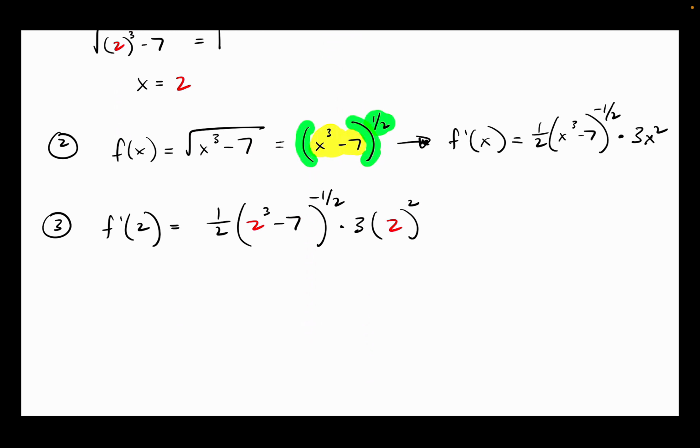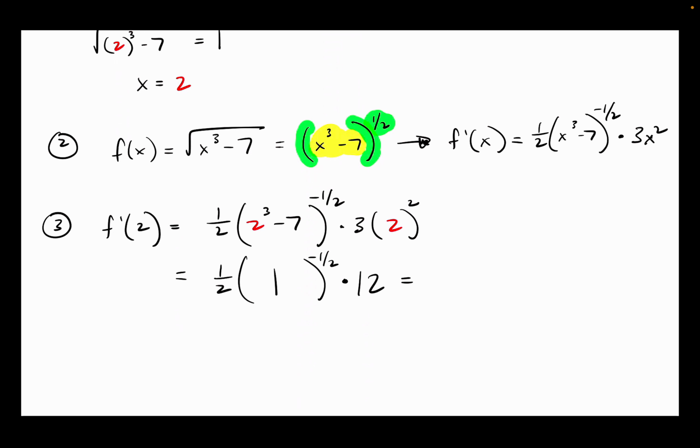PEMDAS, order of operations, parentheses first. 2 cubed is 8. 8 minus 7, 1. 2 squared is 4 times 3, 12. So I still have exponents.